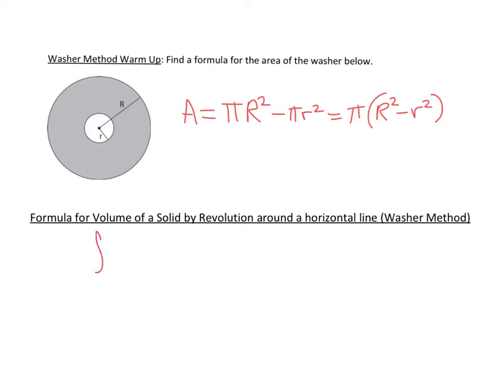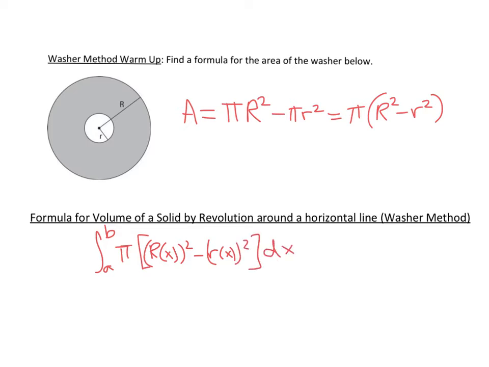So our formula here is going to be the integral from a to b of pi times my overall radius, big R of x, squared minus little r squared, times dx.